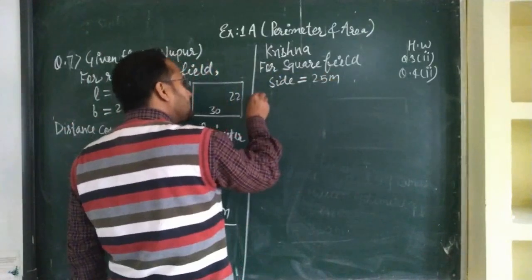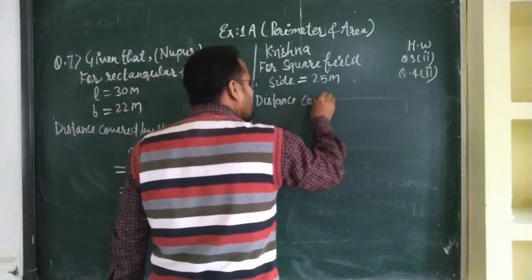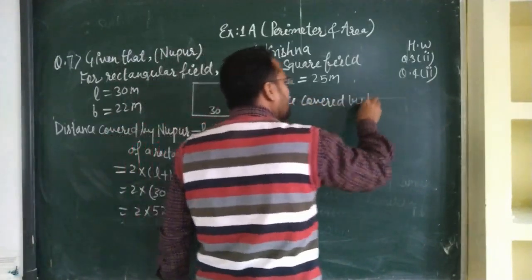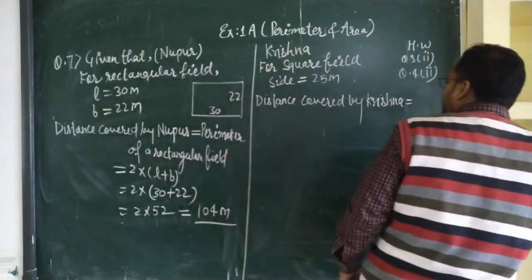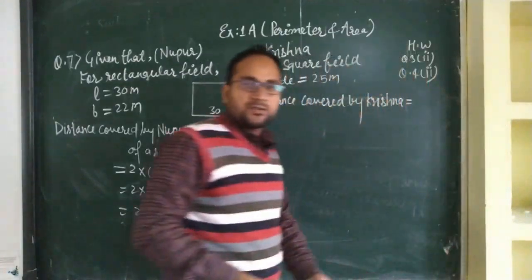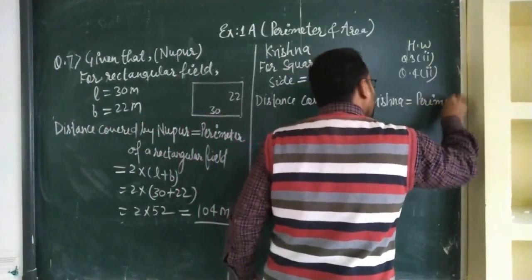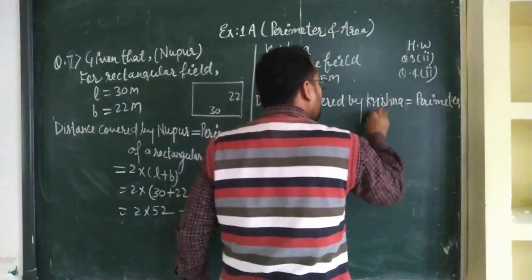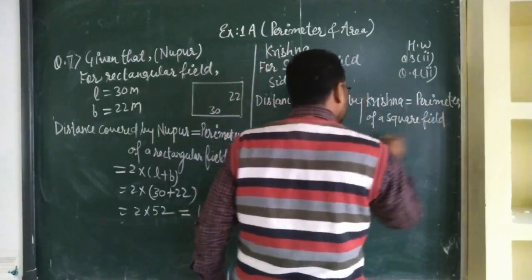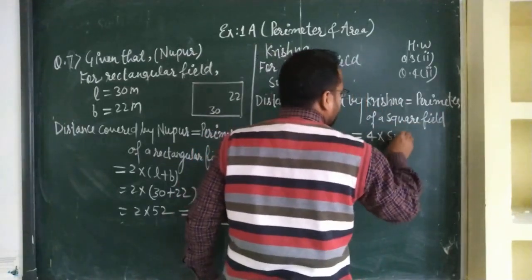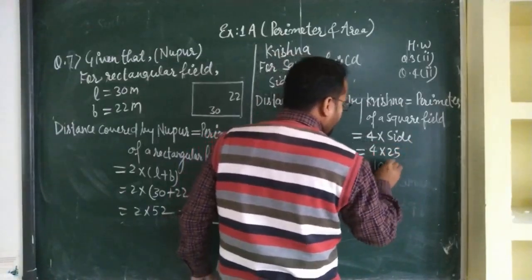So distance covered by Krishna is equal to the perimeter of a square field, which is 4 multiplied by side. 4 into 25, what you will get is 100 meter.